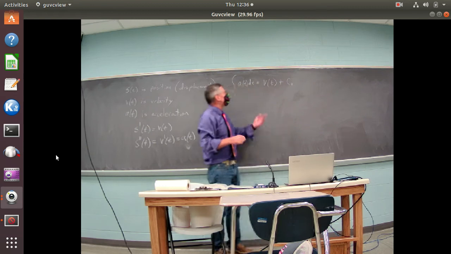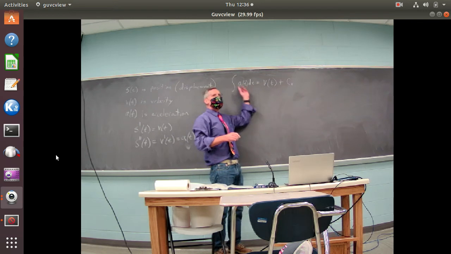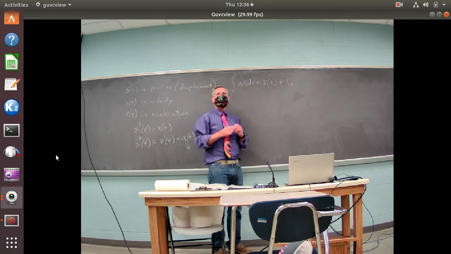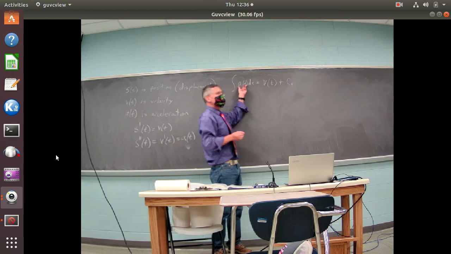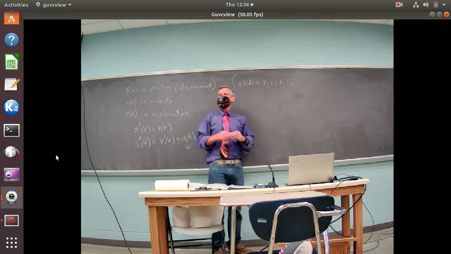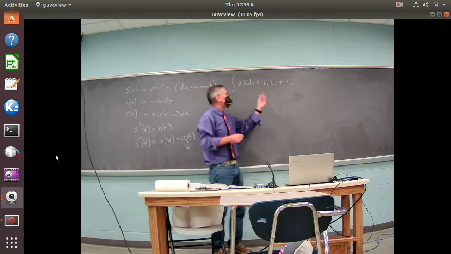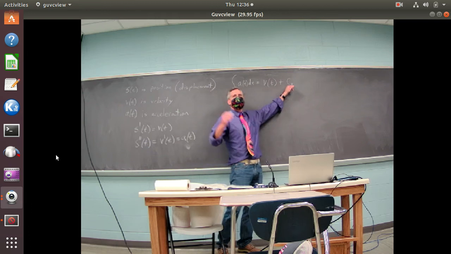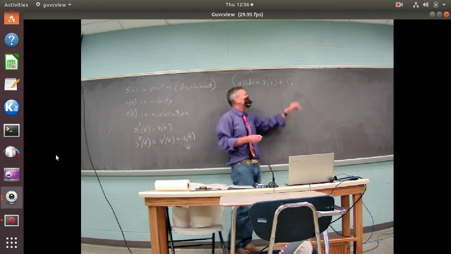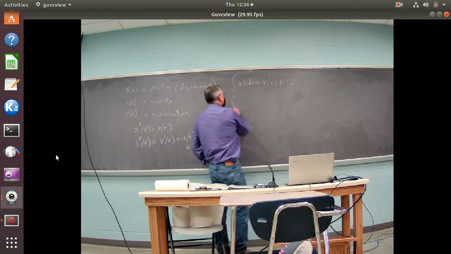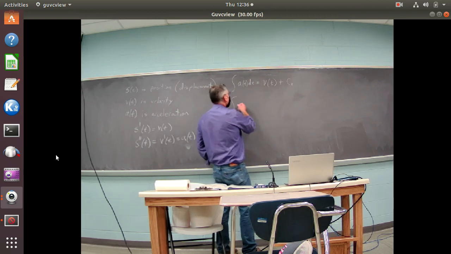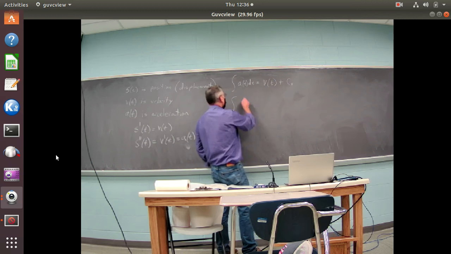That disappears if acceleration is not a constant, because things could be more complicated than that. But if the acceleration is just the constant acceleration due to gravity, this first constant always turns out to be your initial velocity. And then I integrate or find the antiderivative of this thing.